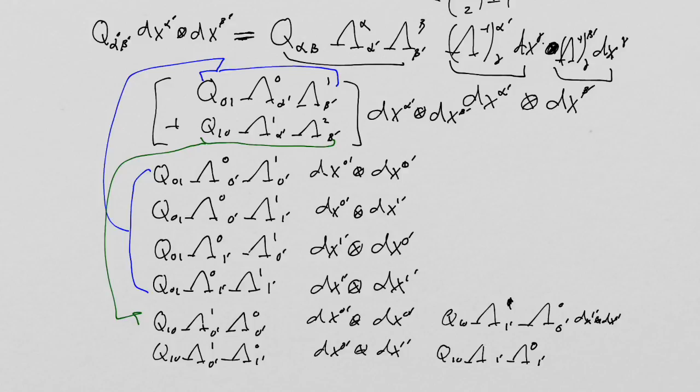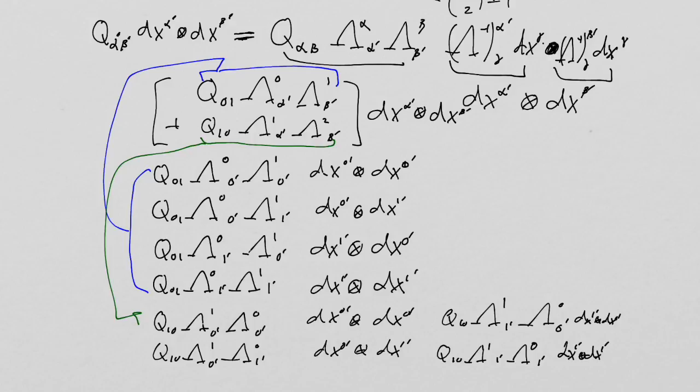Let me clean that up a bit. 1 1, because remember the indices up here. These indices here match those up there, and these indices match these over here. And so this last one gets dx1 prime tensor product dx1 prime, like that.